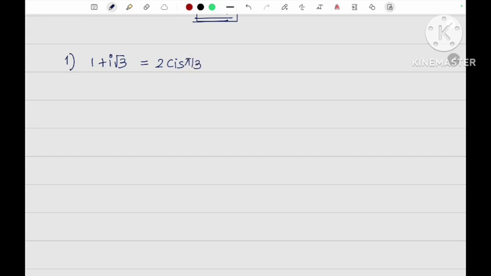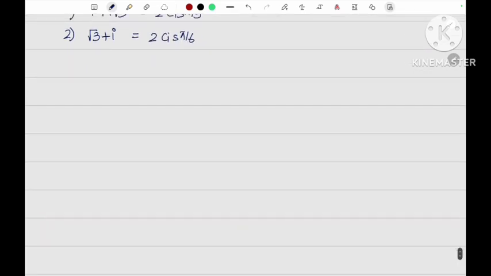You can recap your previous classes and check whether this is correct or not. Root 3 plus i is 2 cis pi by 6. Then 1 plus i is root 2 cis pi by 4. Similarly, 1 minus i is equal to root 2 cis minus pi by 4.